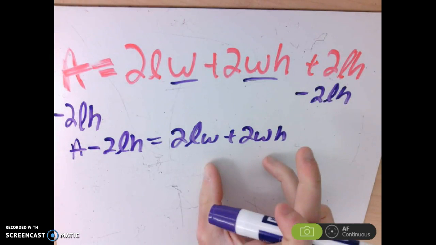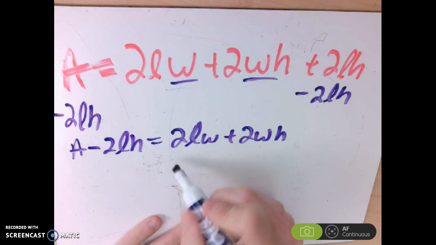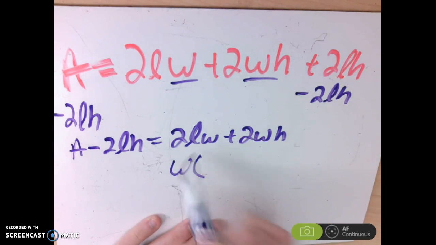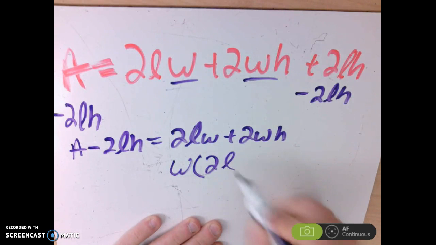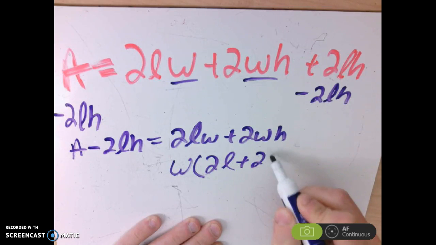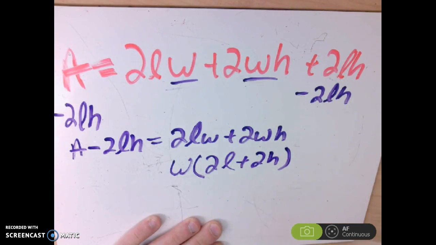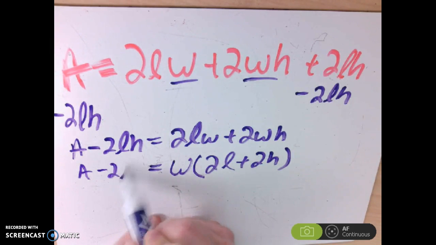So the next thing I need to do is I need to factor out a W from both of these terms. So I have my W, and then what's left in this term is my 2L, plus what's left in this term is my 2H. And that's why we learned about factoring out a common term last chapter. So well, that's one of the reasons.